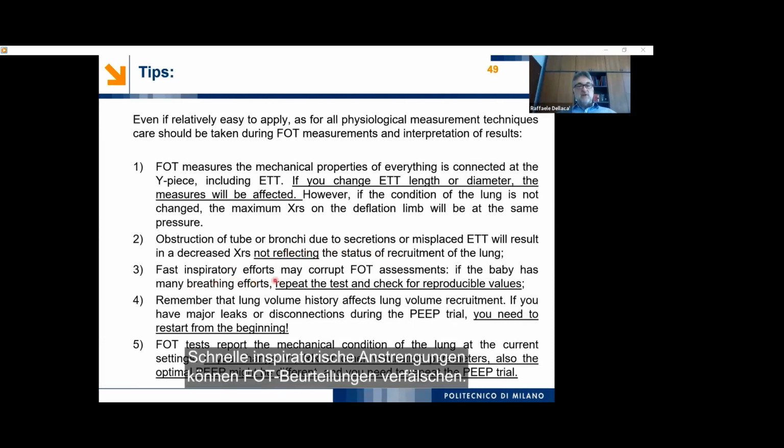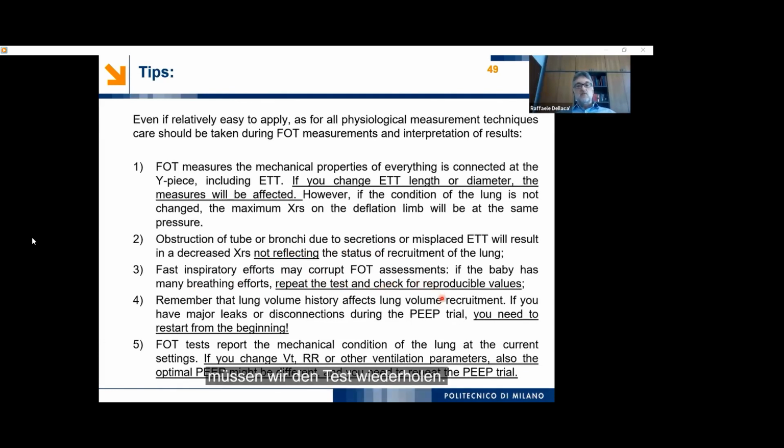Some fast inspiratory efforts may corrupt the FOT assessment. If the baby has many breathing efforts, is doing fast motions and changes, we need to repeat the test. It's something very easy. The FOT test requires only a few seconds.